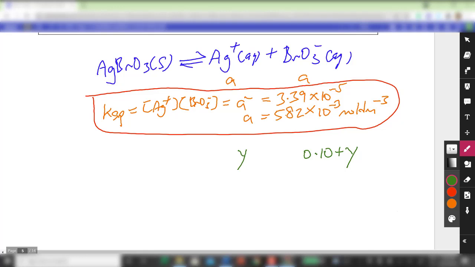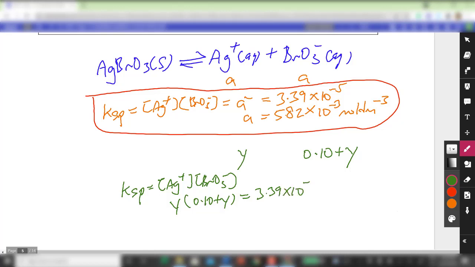Then when I attempt to write out the Ksp again, it's the same expression. We are still looking at silver ion and bromate, and when we multiply the two together, you get Y times (0.10 plus Y), and this equals the same Ksp, 3.39 times 10 to the power minus 5.